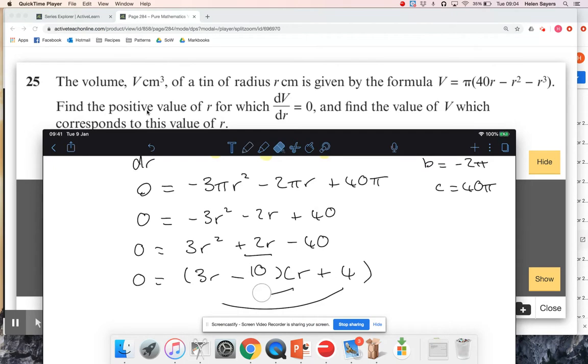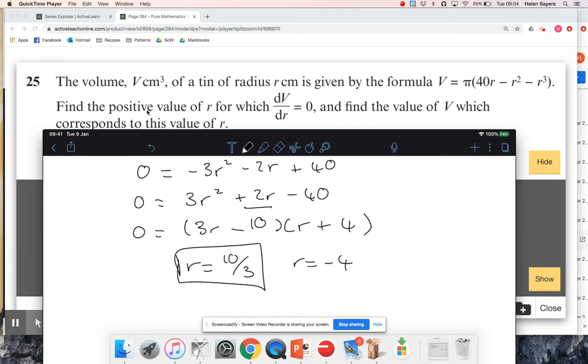But you are fine, unless it clearly mentions show your working, which it tends not to with quadratics. You would be fine just to put that into your calculator. So my two solutions are r is 10/3 or r is -4. They told me to go for the positive one, plus r's a radius, so it can't be negative.